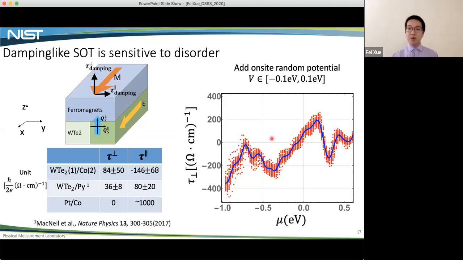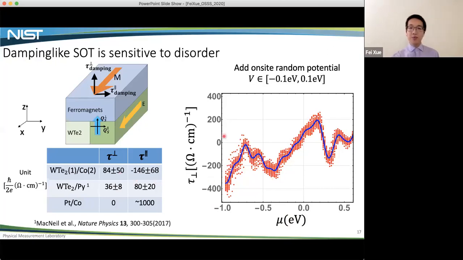So from this calculation, we also do a scan along the chemical potential, which is a theorist's trick. We can easily do that in the simulation, even though it's not something the experiment can easily do. But by doing this, we can know the trend of the behavior rather than just looking at single points, which is not very useful knowledge.